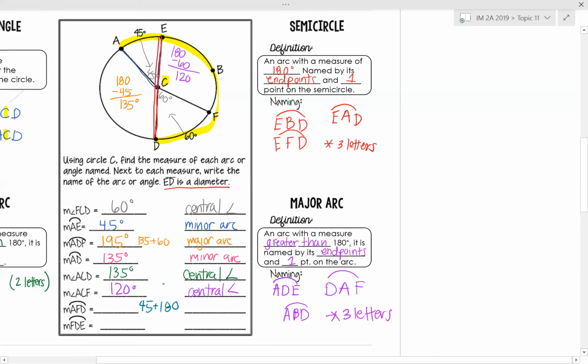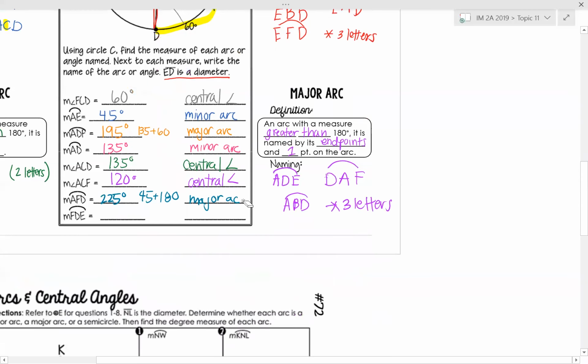So if I add 45 plus 180, that's going to give me 225, which means that this is a major arc, again, because that number is larger than 180. Sorry, I wrote major AC. Let me fix that.